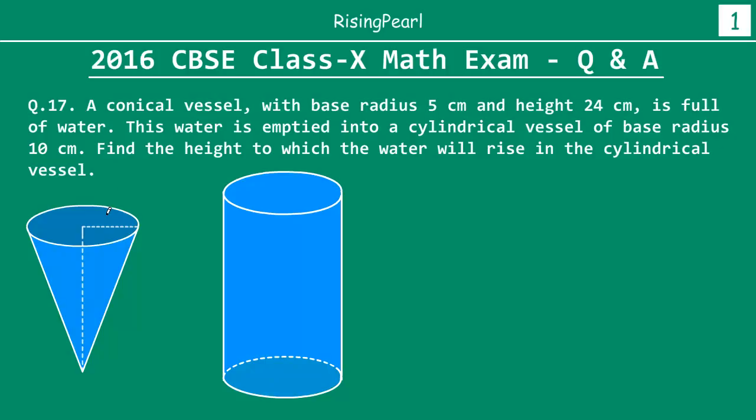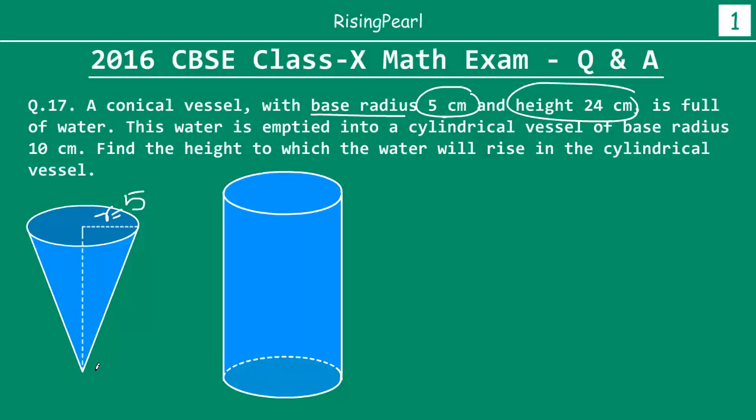The first thing is that this is a cone, and the base radius is 5 cm. So this is the radius, and this is 5 cm. This is given to us, right? And the height is 24 cm.